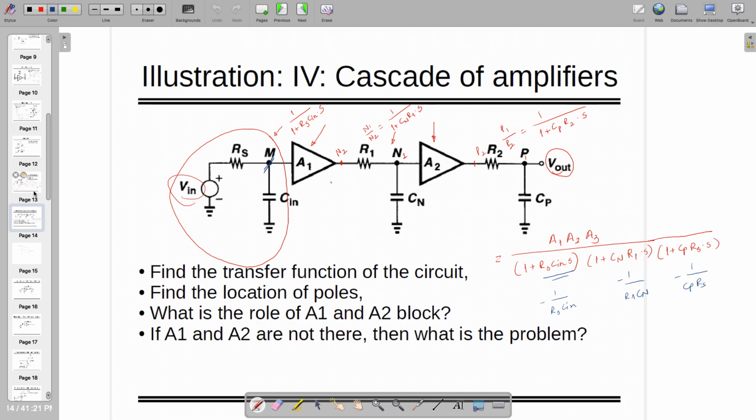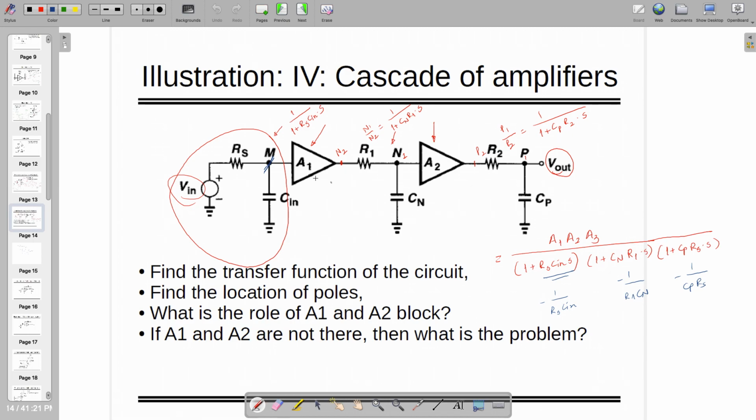Just to make sure that they are not loading each other, these are generally used as a voltage control voltage source, so that the input impedance is very high and it's not going to load the previous stage, and whatever voltage you want, it's going to be available. So that is the main reason for adding those things.